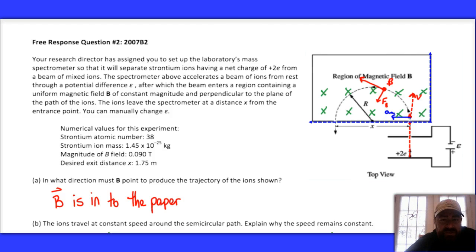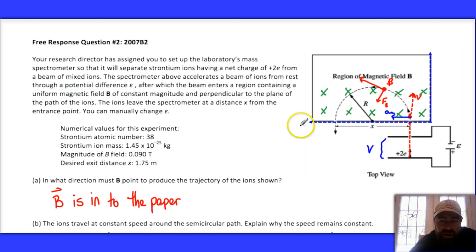When we look at the mass spec, we can see that these plates and the accelerating difference in potential is required to give them an initial kinetic energy so that when they enter the magnetic field region they have a known speed. So it has to do with the voltage. Don't confuse, and this is easy for me to do, V for voltage with V for velocity. So I'll use the cursive v for velocity.